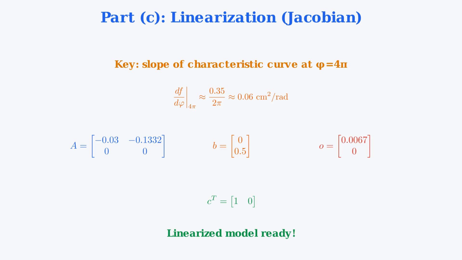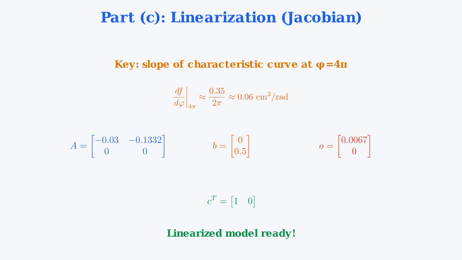For f2 with respect to x1 and x2, both are 0 since x2 dot equals k over rat times u has no x dependence. So A equals the matrix negative 0.03, negative 0.1332, 0, 0. The B vector is 0, k over rat equals 0, 0.5.